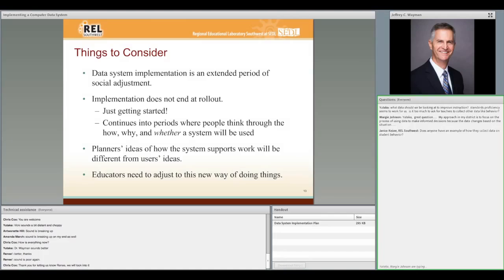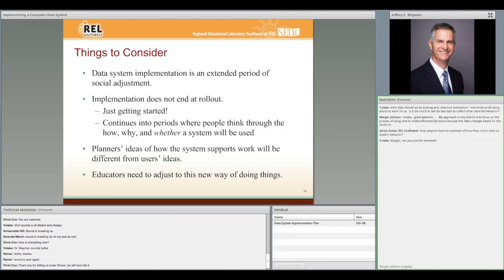And, as the bullet says here, it's not just that they're thinking about how they're going to use the system, they're thinking about why they are going to use the system. What good will this do me? What else could I be doing? Why would I do this? And they're thinking about, ultimately, whether they are going to use the system. Okay? You need to work with them on that.